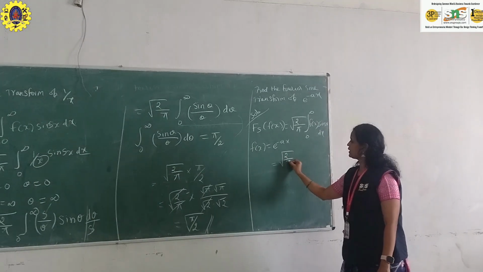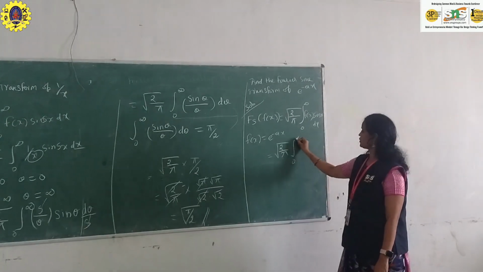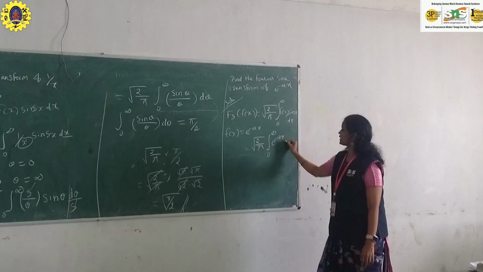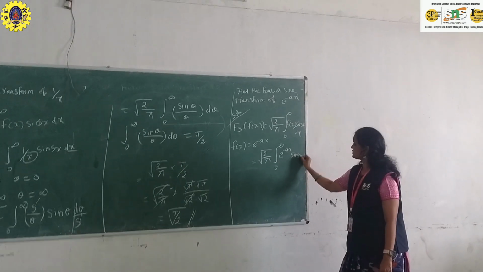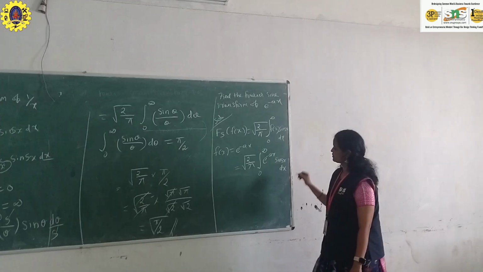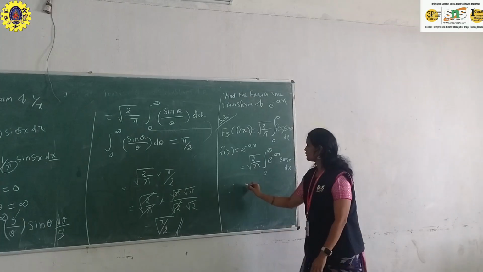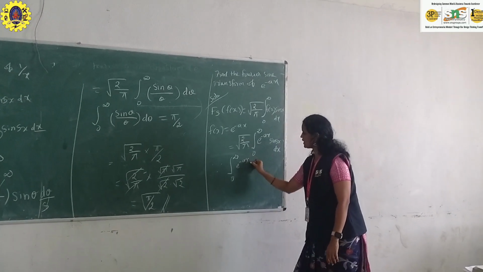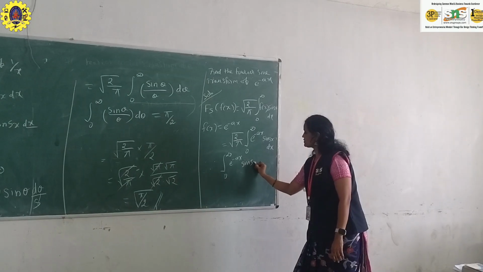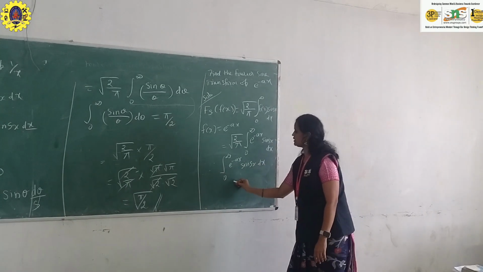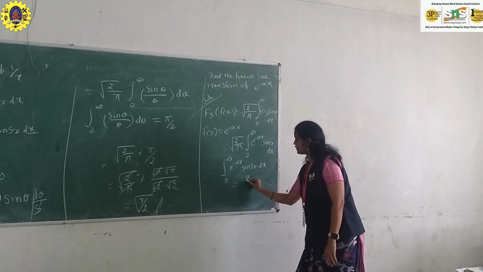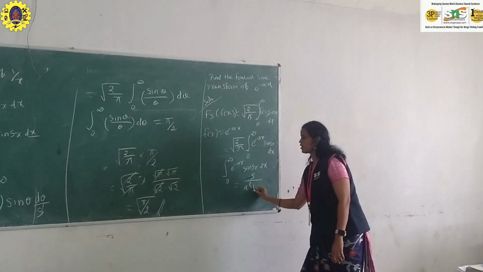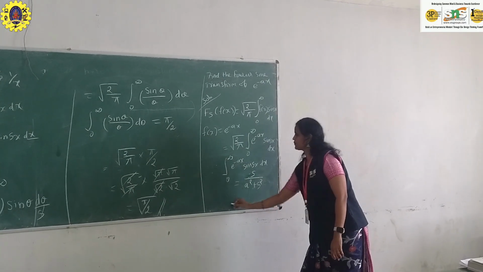Root 2 divided by pi integral over 0 to infinity, and here f of x is e power minus ax into sine sx dx. We know the formula: integral 0 to infinity e power minus ax sine sx dx will be equal to s divided by a square plus s square.